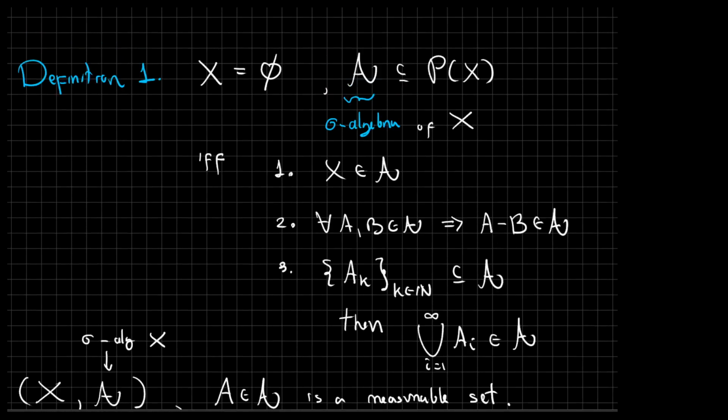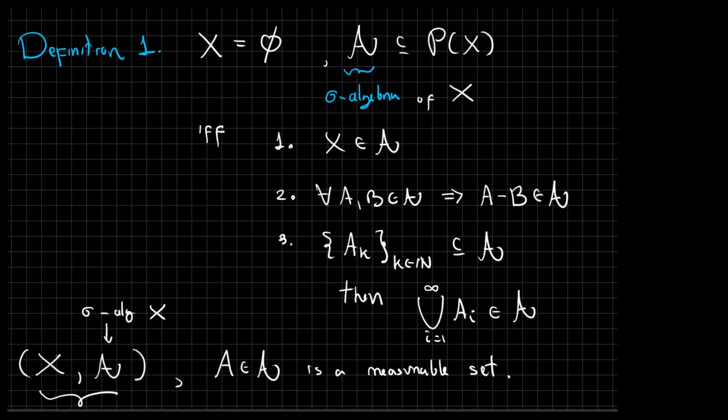Now, if you downgrade this property here into not countable unions but finite unions, let's say if you have a finite family, from A1 to Am, in the set A, and this implies that the finite union of all of these sets is also an element of the set.